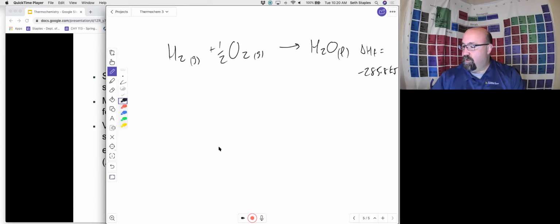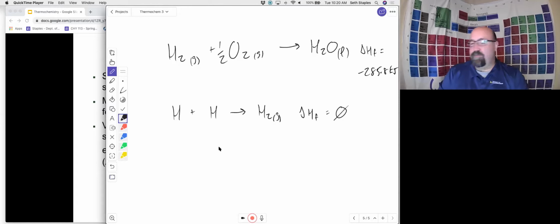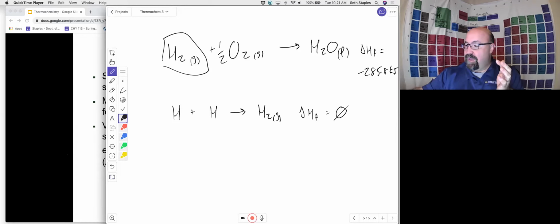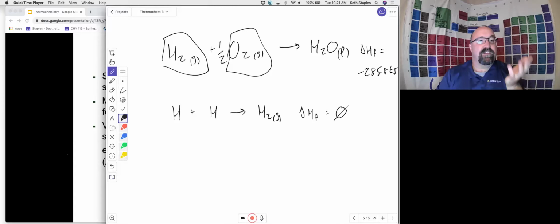And so if we were looking for the standard enthalpy of formation of H2, that standard enthalpy of formation is going to be 0. That's just good to know, because we're going to be using these heats of formation in calculations. Whenever you see the enthalpy of formation of H2 or the enthalpy of formation of O2, something like that, it's going to be 0.